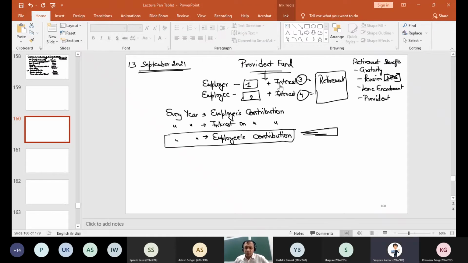Point clear or not? How many of you think that employees' contribution in provident fund is not the income of the employee? Please raise your hand. How many of you think that the employee's contribution in his own provident fund is not an income?